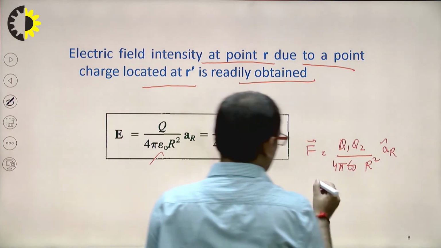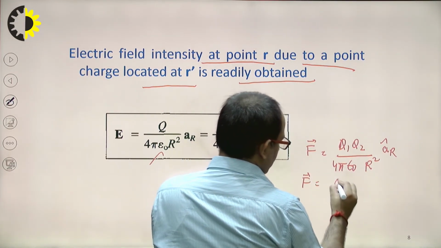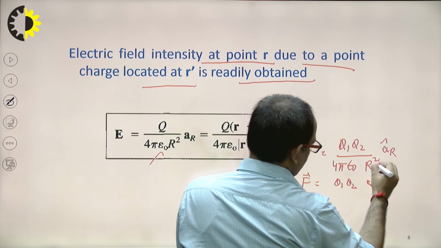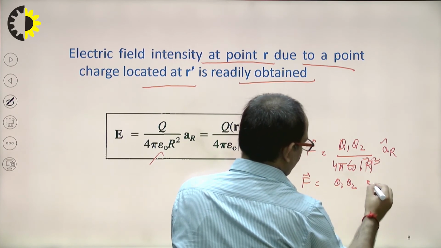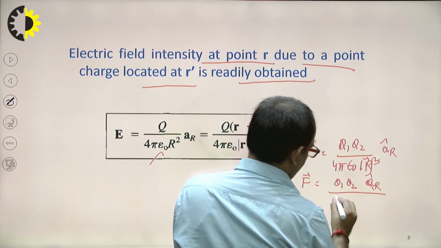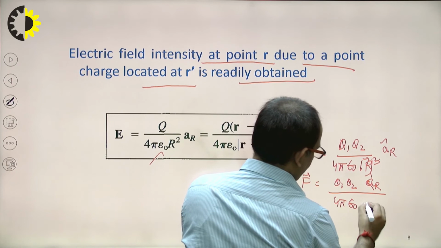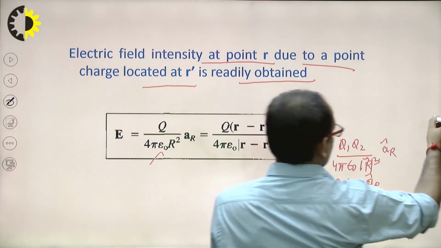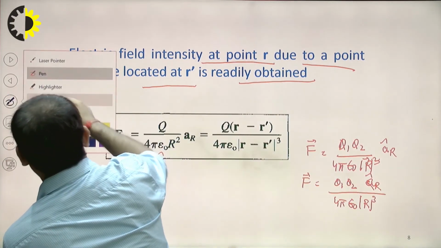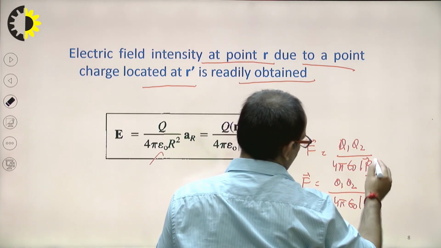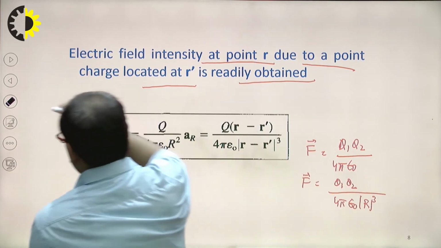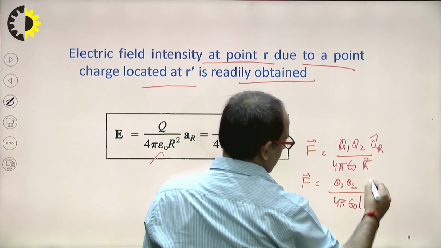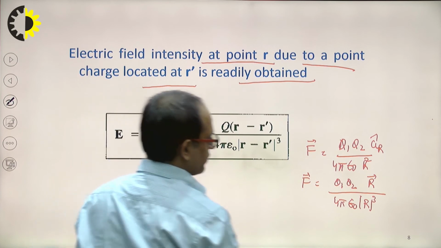So you will see that now just see this one. I can say that Q1 Q2 A cap R, R square, and this one is R vector to the power R. Clear?